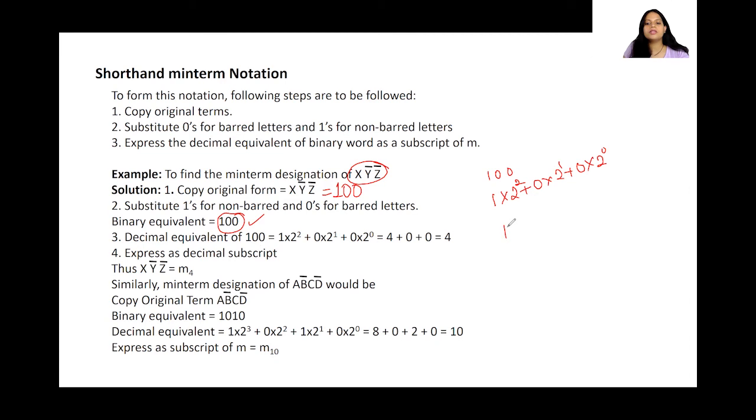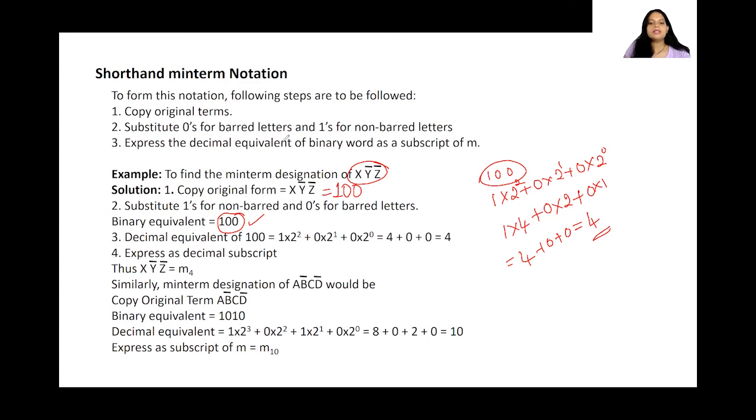Now 2 to the power 2 is nothing but 4, plus 0 into 2 to the power 1 is nothing but 2, plus 0 into 2 to the power 0 is nothing but 1. Now here 1 into 4 is 4. This becomes 0 and 0, isn't it? So 4 we are left with. The binary equivalent of this is 4 in decimal, right?